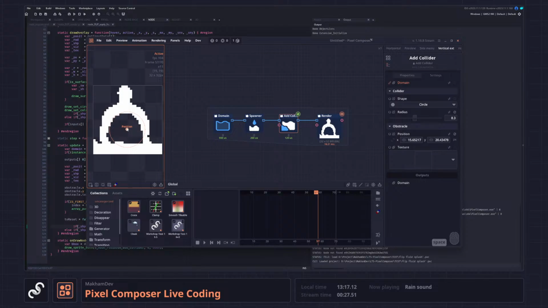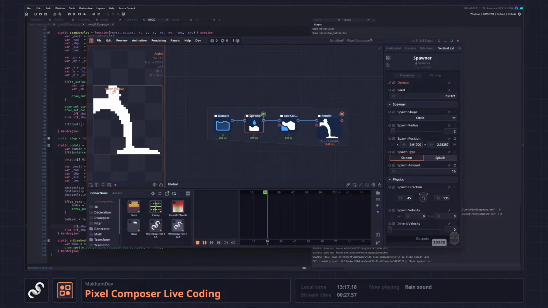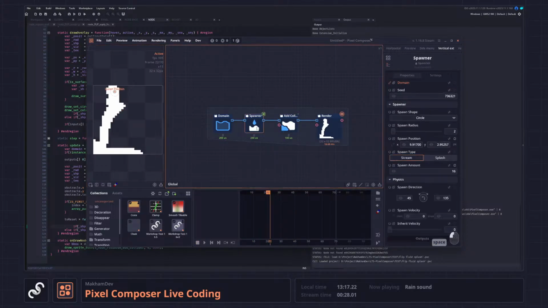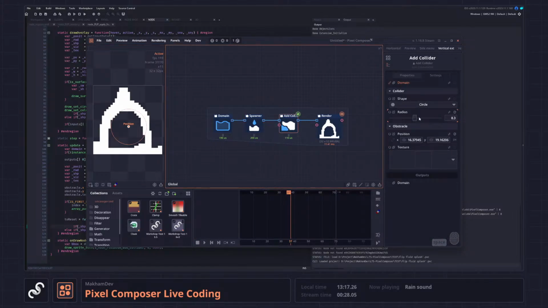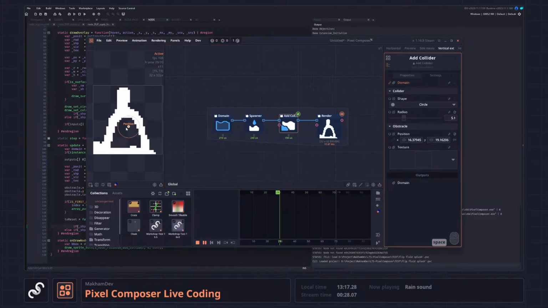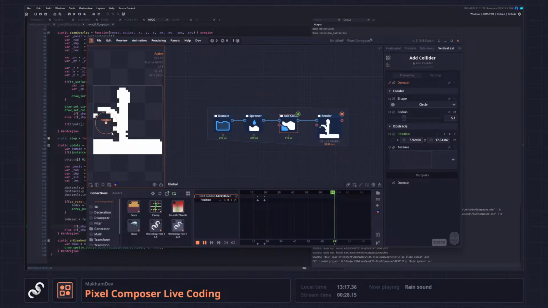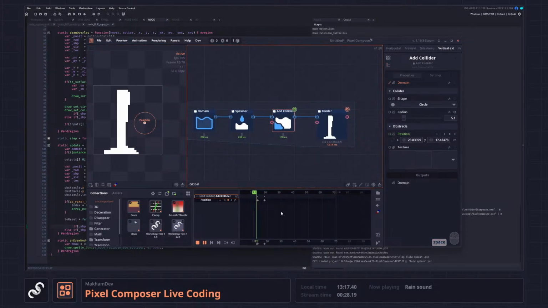Cool. Now if we force the particle outside of the domain, will it still crash? No, it's fine. Now the collider actually acts like a collider for once. Okay, that's really cool. But if we animate this, okay, now it's kind of weird, right?